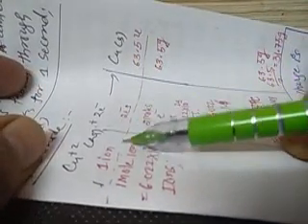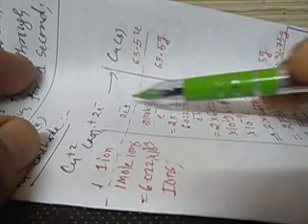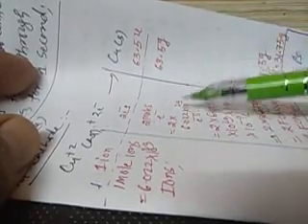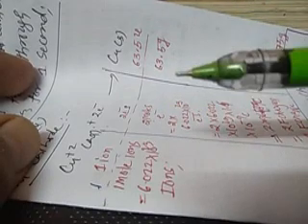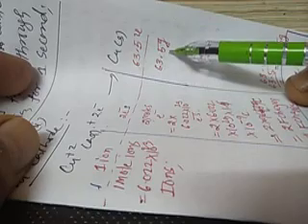But suppose you take 1 mole of Cu2+ ions, then you will be in need of 2 moles of electrons. 1 mole of electrons means 1 Faraday, 2 moles of electrons means 2 Faraday, and you will get 63.5 gram of copper deposited on it.